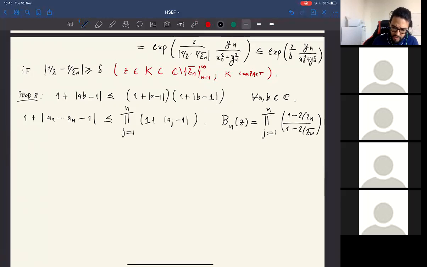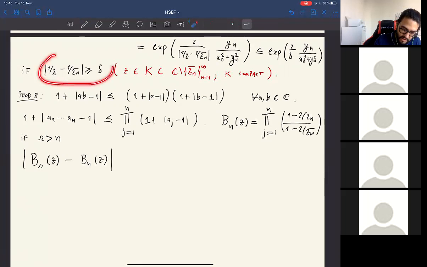Okay, so what we want to measure is this. If I take an R, let's say R is greater than N, then I want to show that as long as we have this inequality here, this thing, if R and N are sufficiently large, is small.